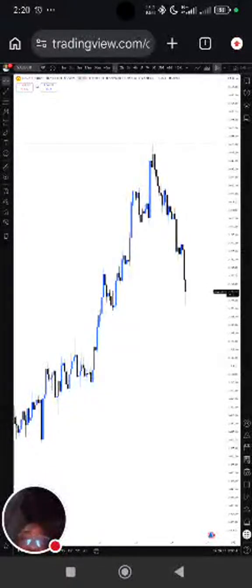But in pairs trading we don't use the candlestick, we use a line chart. So I can change the chart to the line chart. Now the color doesn't really matter, it depends on what you prefer. You can decide to use yellow or any other color. So do yours.